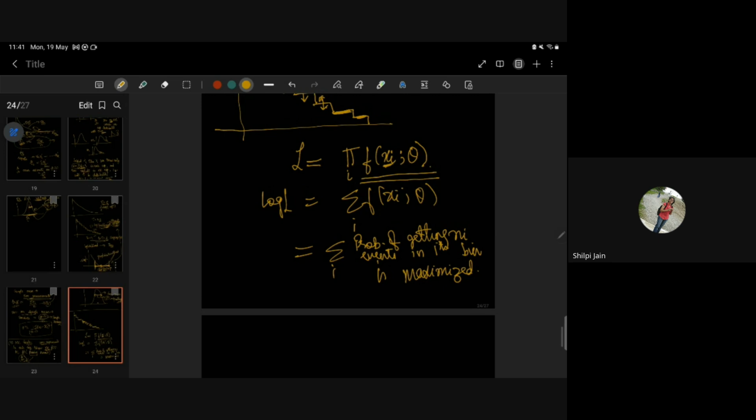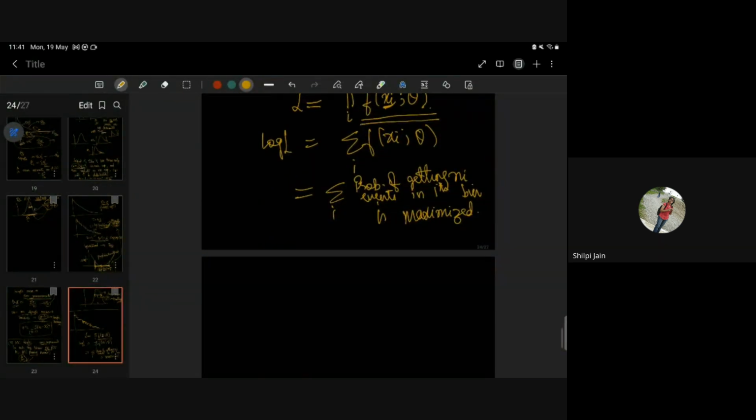So for the ith bin, how do we write the Poisson distribution? e to the power minus lambda_i, lambda_i to the power k_i, where k_i is the number of events in the ith bin, divided by k_i factorial. Let's say I'll remove i for simplicity, because then you can just multiply. Actually it's the log here.